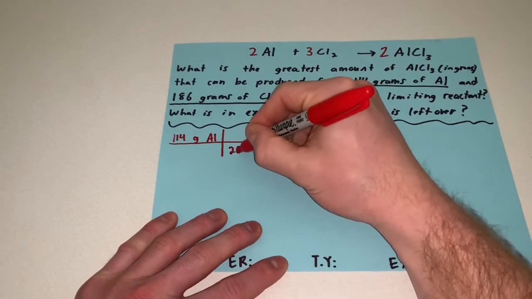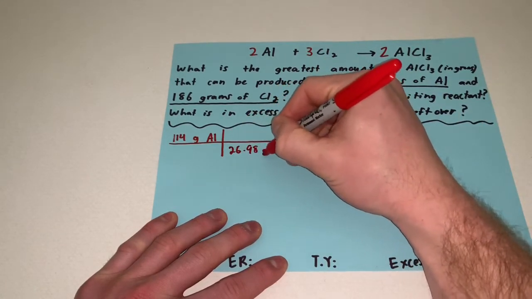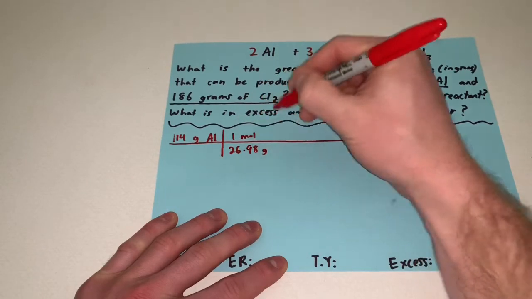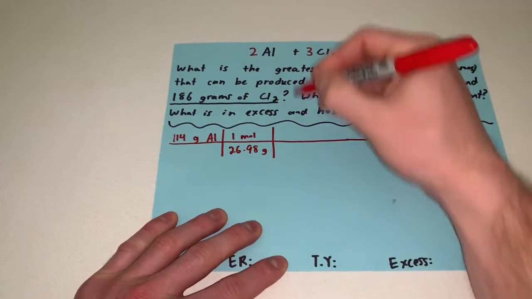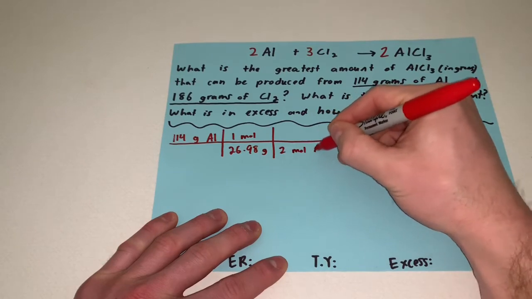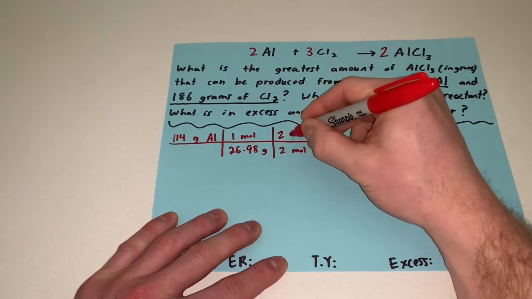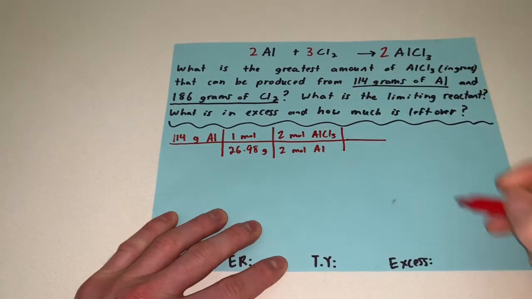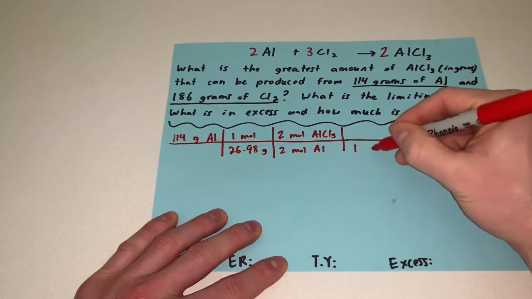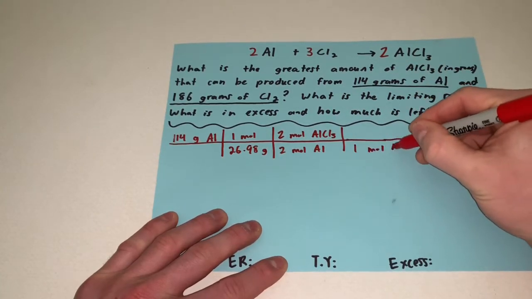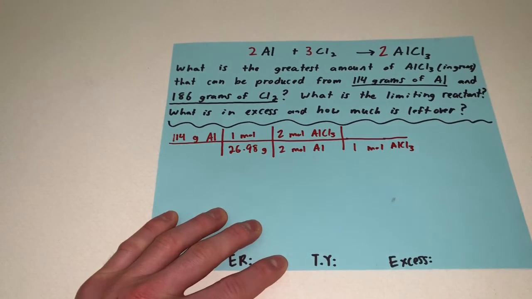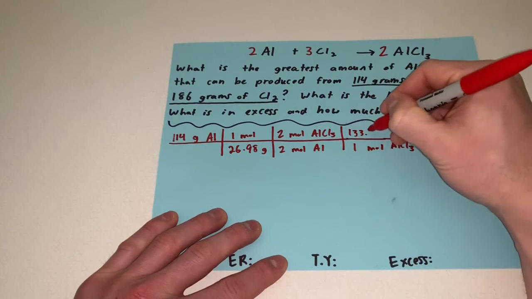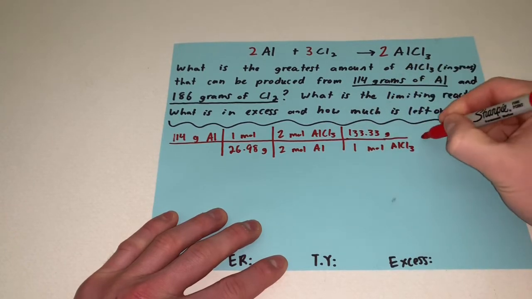Aluminum has a mass of 26.98 grams for every 1 mole. There are 2 moles of aluminum in the equation, and there are 2 moles of aluminum chloride. For every 1 mole of aluminum chloride, we have a molar mass of 133.33 grams.